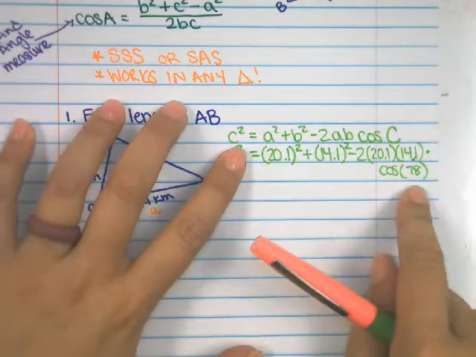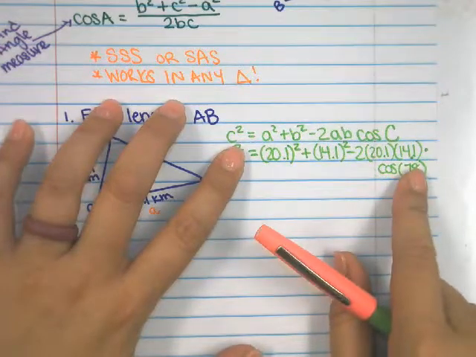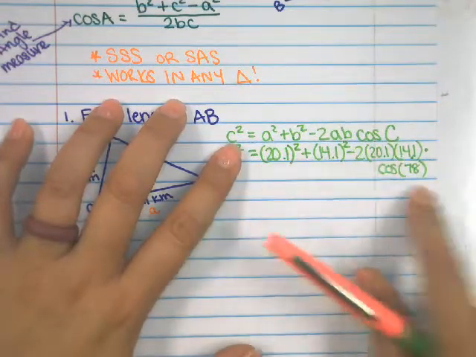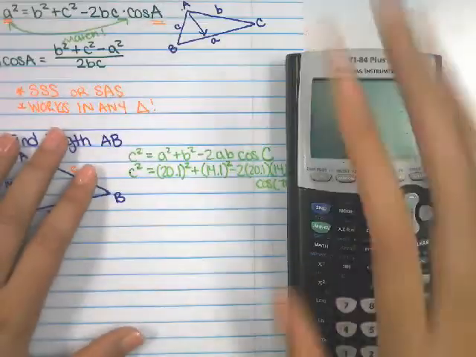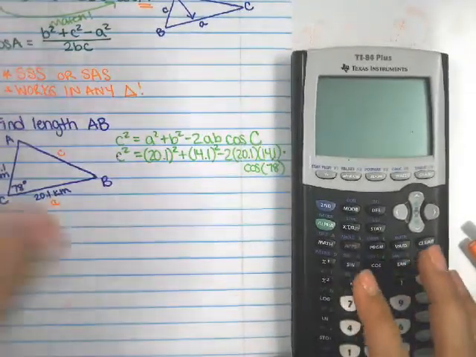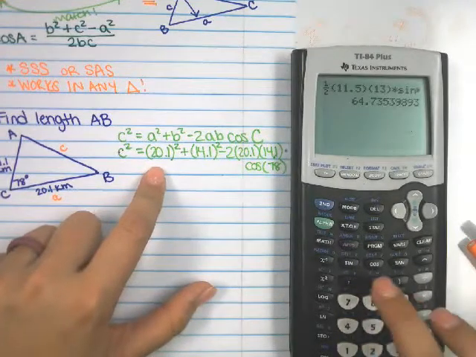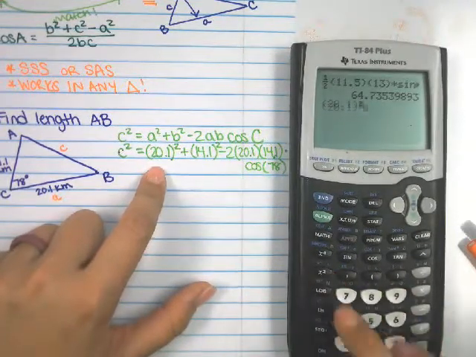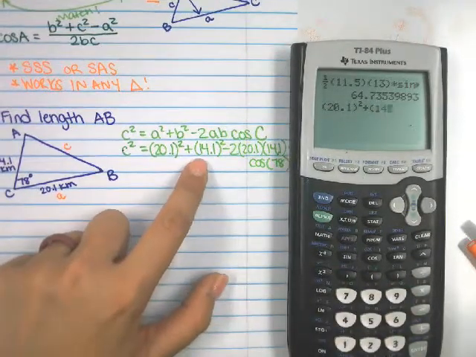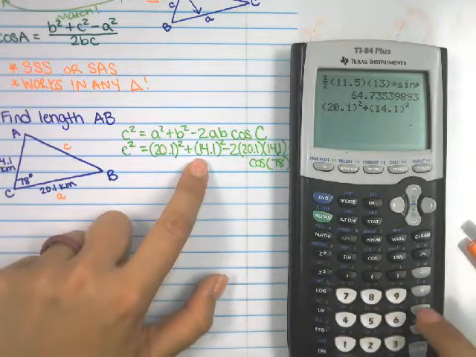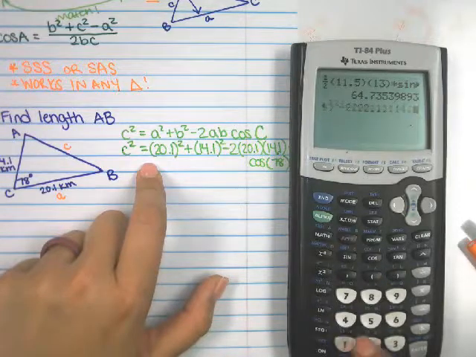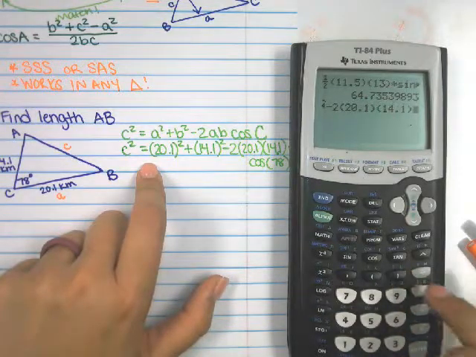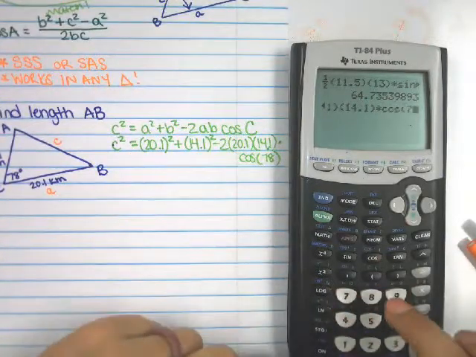Everything over here is a number, even cosine 78, that's just a ratio. So all of this is a number, so I can type it directly into the calculator. So we're going to go parentheses, 20.1 squared plus 14.1 squared minus 2 times 20.1 times 14.1 times cosine of 78.